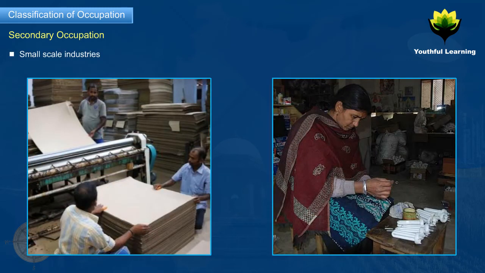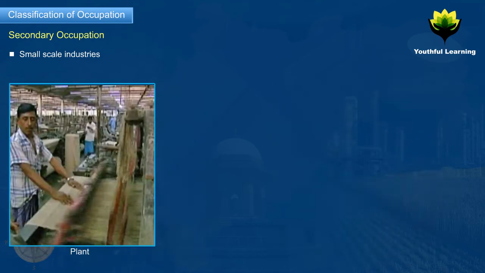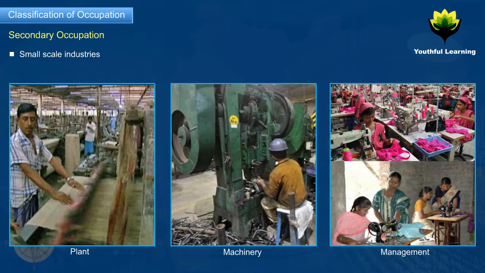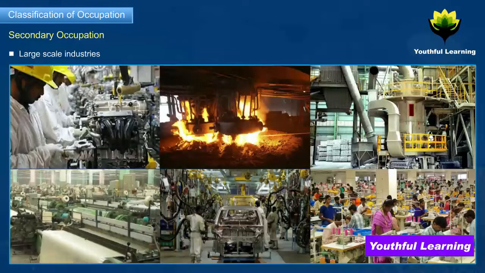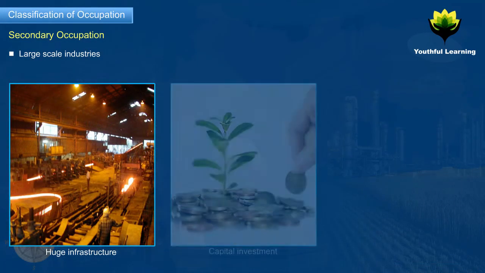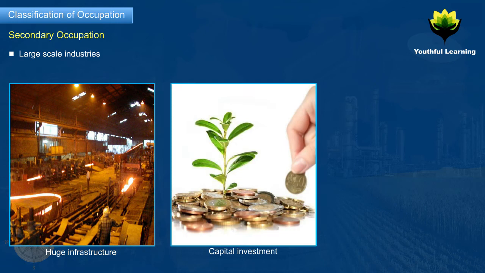In a small-scale industry, the capital investment in plant, machinery and management does not exceed Rs 1 crore. Large-scale industries need huge infrastructure, capital investment and manpower.